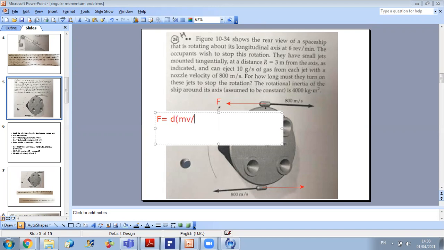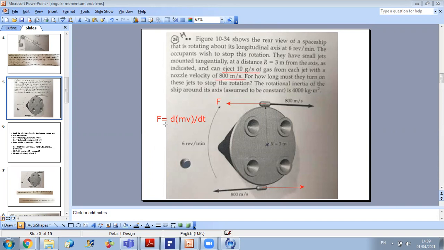We are used to cases of constant mass, so the m comes out and we get F equals ma. Here it is different. We have a variable mass because you are losing mass from your system. But they told us the velocity of ejection is constant. You have a mass flow rate exiting at 10 gram per second, and the corresponding velocity is 800 meters per second.